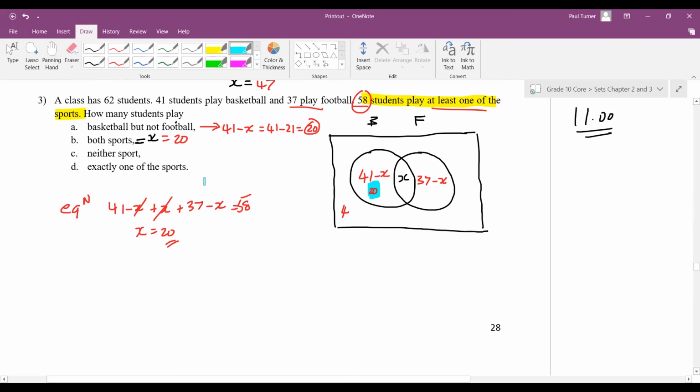Sorry, the error. So X is 20. 41 minus 20 is 21. Okay, that's it. So basketball only, basketball but not football, same thing. So 21 here.